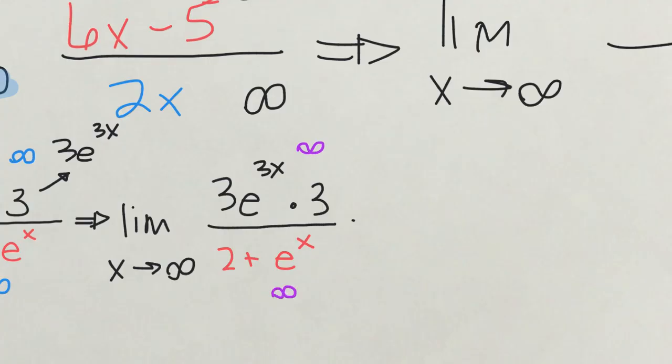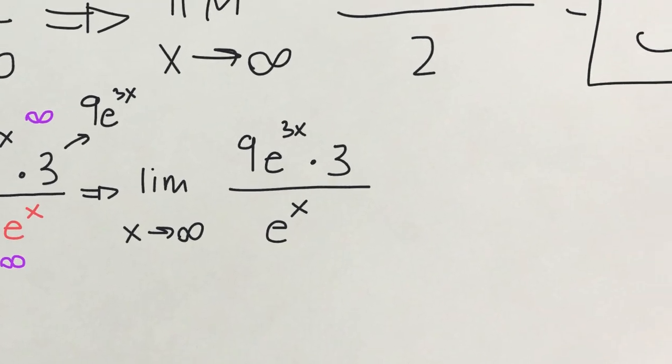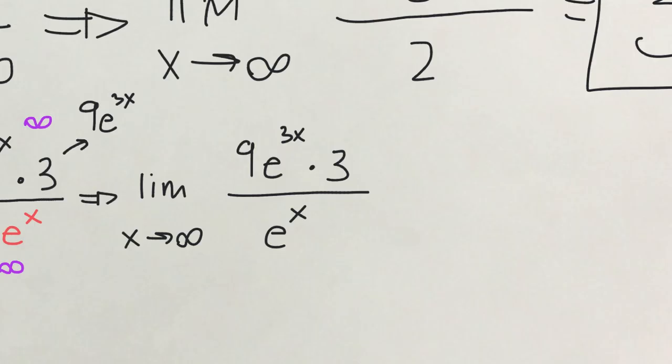All right, let's take L'Hopital's rule again. The limit as x approaches infinity of 9e to the 3x, right? 3 times 3 is 9, times another 3. And on the bottom, what's the derivative of 2 plus e to the x? It's just e to the x. Okay, so this is getting kind of annoying here, but that's okay.